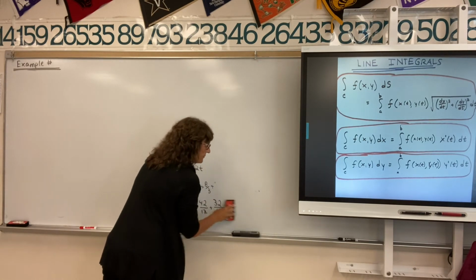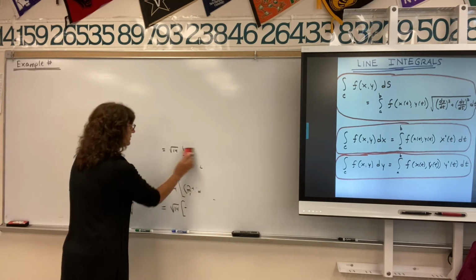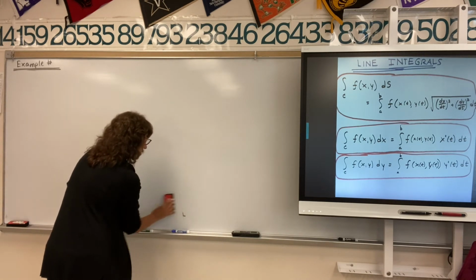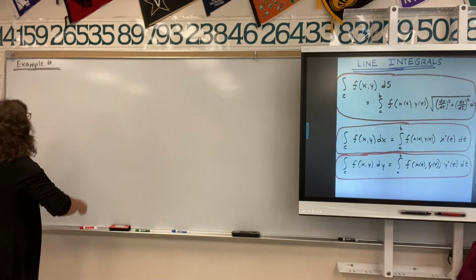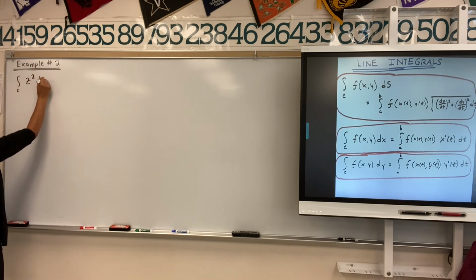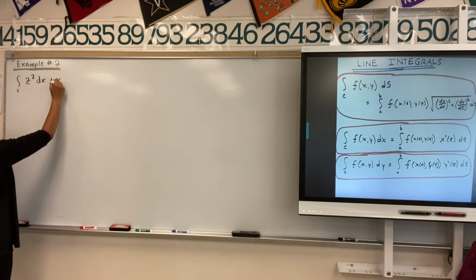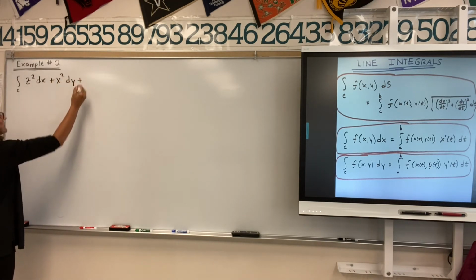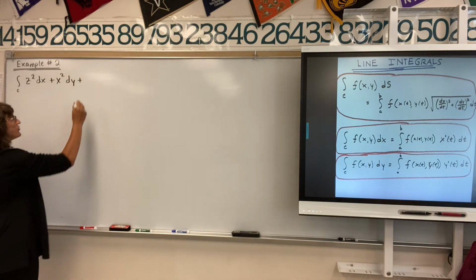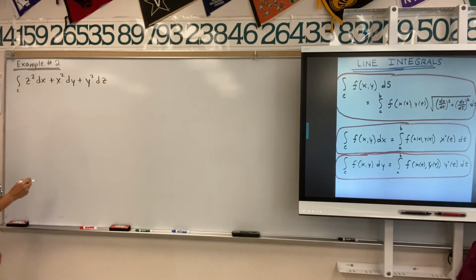So example number 2, we're going to have a single integral along a curve. Let's deal with z squared dx plus x squared dy, and we're going to add to that y squared dz.